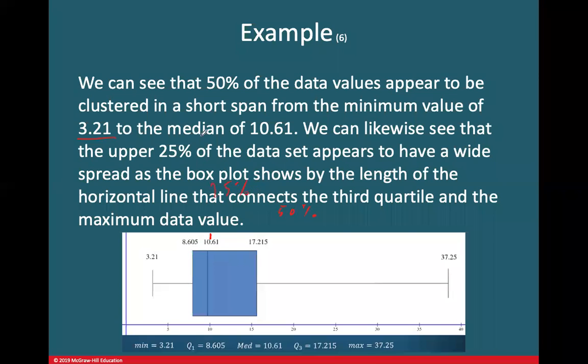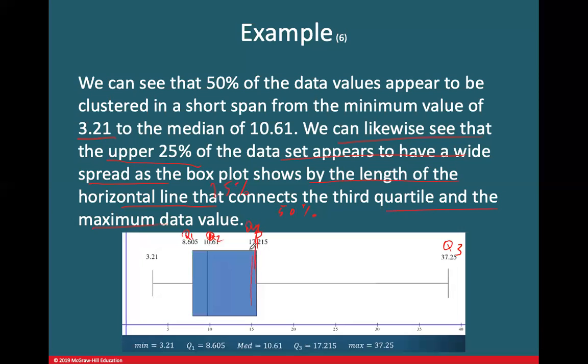We know this. Now, we can likewise see that the upper 25% of the data set appears to have a wide spread, as the box plot shows by the length of the horizontal line that connects the third quartile and the maximum data value. So we know that this is Q3, okay? And this is Q2, the median, by the way. Q1, Q2, Q3.